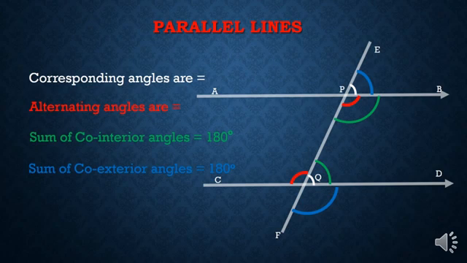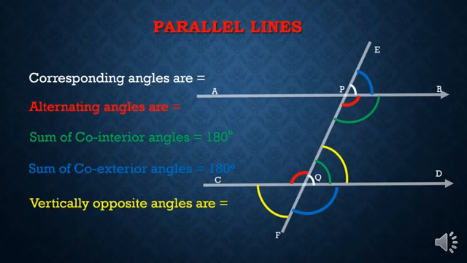Next we come to these two angles in yellow. They are equal and they don't need another parallel line. All you need are two lines intersecting each other. These two pairs are vertically opposite angles and they are equal.